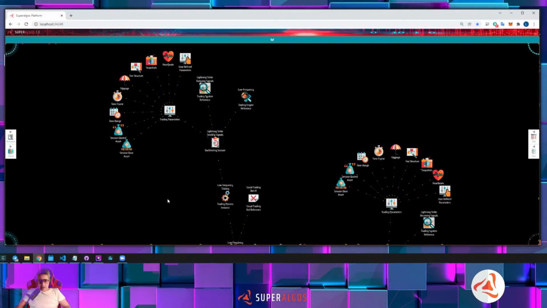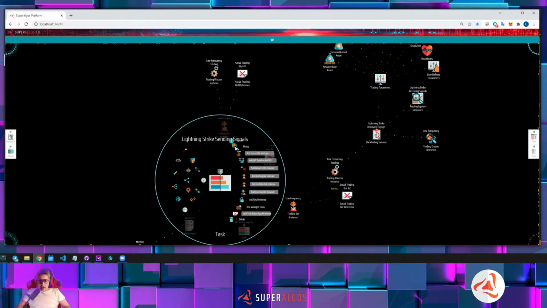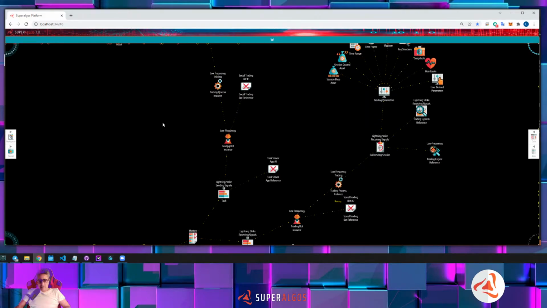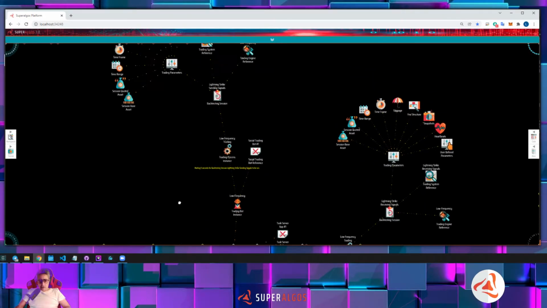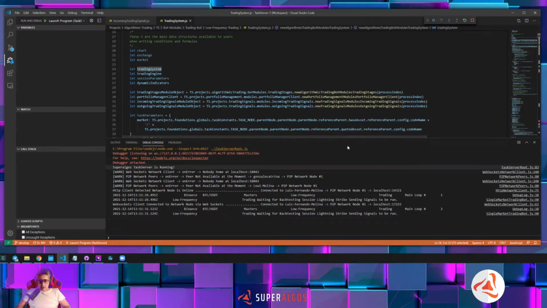We are running the task. We are linking the task to the rest of the UI and the platform itself. Okay, and now we are going to run the trading bot. So there it goes.